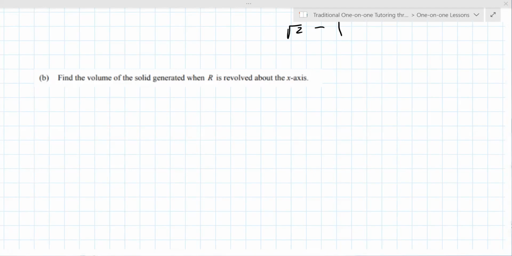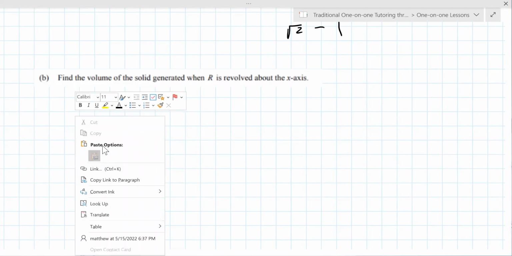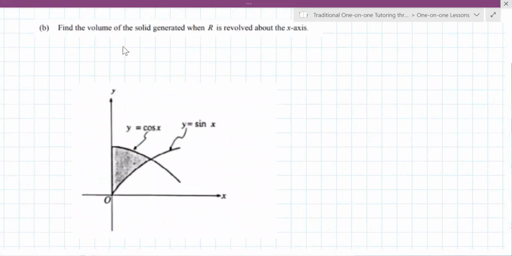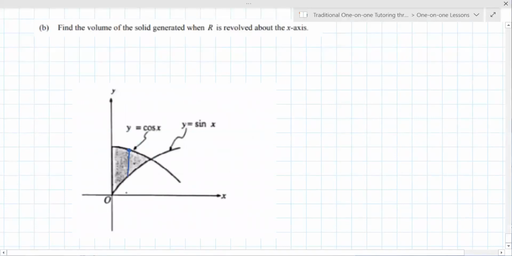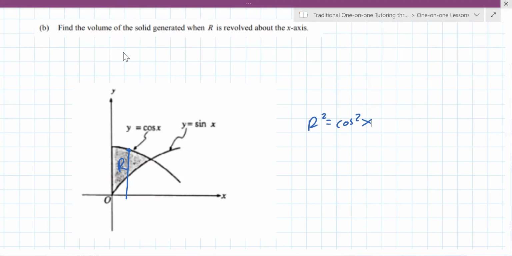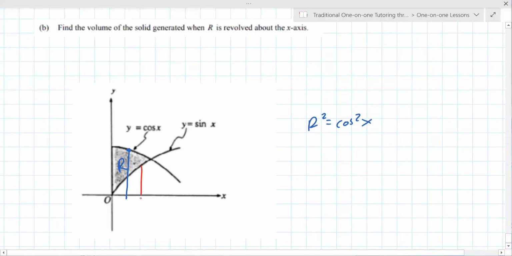So this is a washer problem, and it's a washer because there's a gap between the region. So if we call this big R squared is cosine squared x, and then little r is the other one, it's sine squared x. So it's top minus bottom.